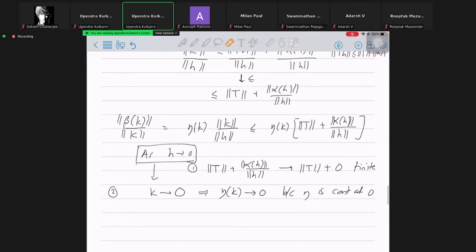As a result, this entire right hand side, this is approaching 0, this is approaching the operator norm, so their product approaches 0. All right. So we really have to stop.